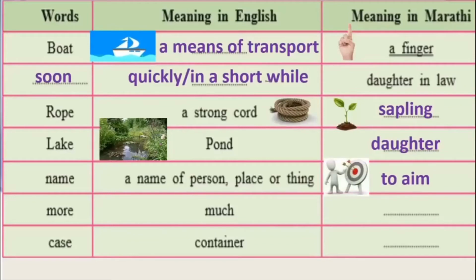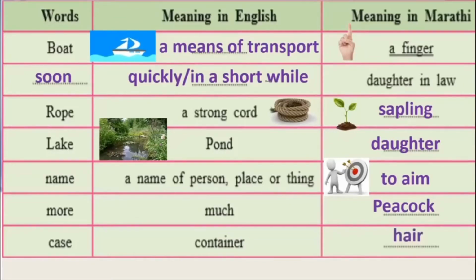Okay? In English, M-O-R-E, more means much, quantity is larger. In Marathi, more means the peacock. Okay? Last word is case. In English, it could mean a container, whereas in Marathi, it means your hair.